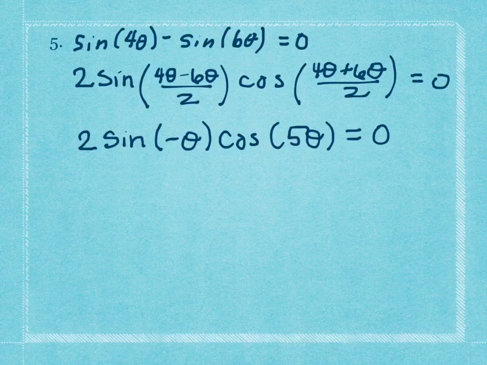Did I write something down wrong? That's what this sheet says. Let me look at my sheet. Oh, cosine at the beginning and sine at the end, is that what you mean?